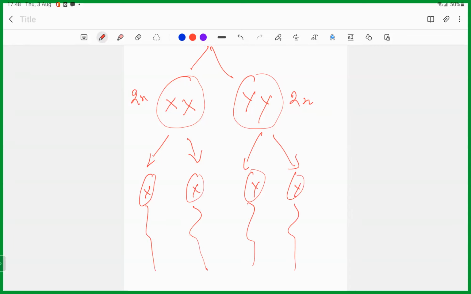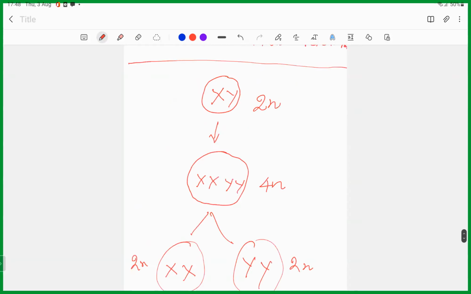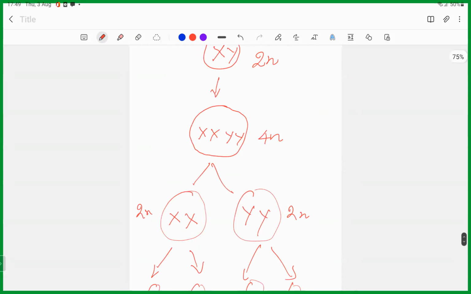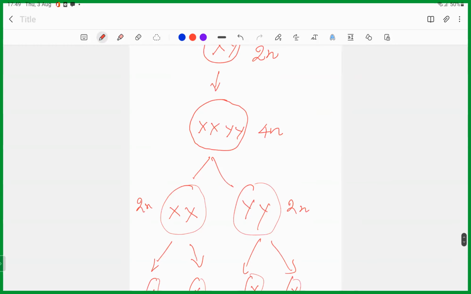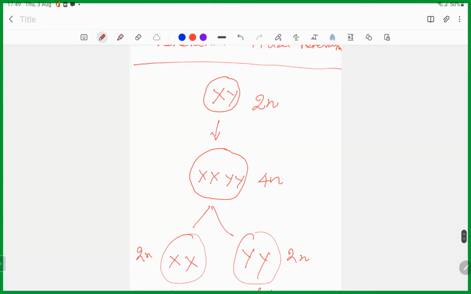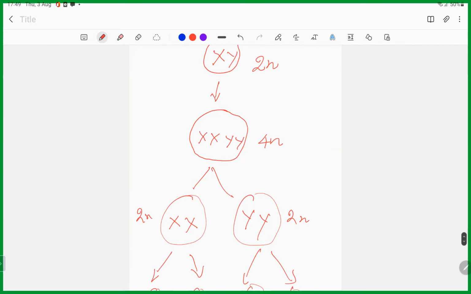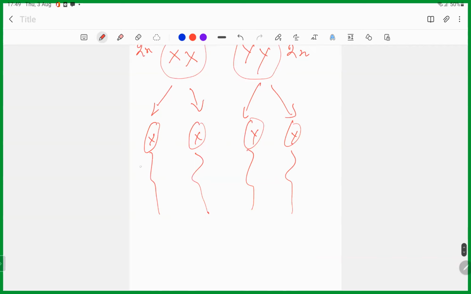Heterozygous male produced, because male is heterozygous. How can you say male is heterozygous? XY, the sex chromosomes are two different ones, male. So heterozygous. In meiosis, finally, one type of sperm cell with X, one type of sperm cell with Y chromosome. Are there two types of sperm cell? Yes. That's why male is a heterogamete, it produces two types of gametes, two types of sperm cells. Okay. Fine. That's it.